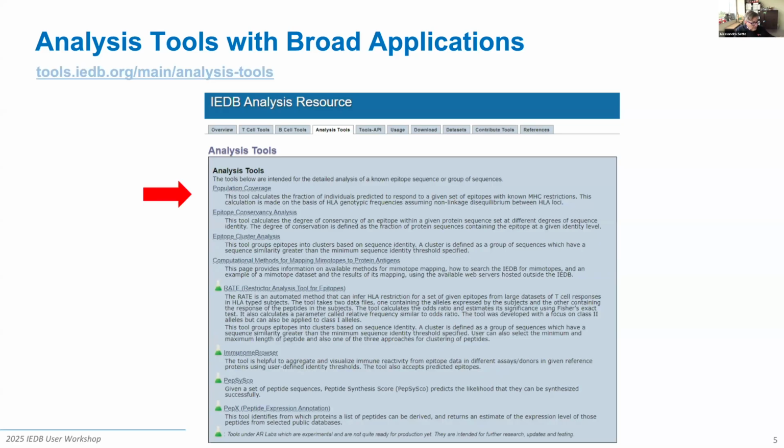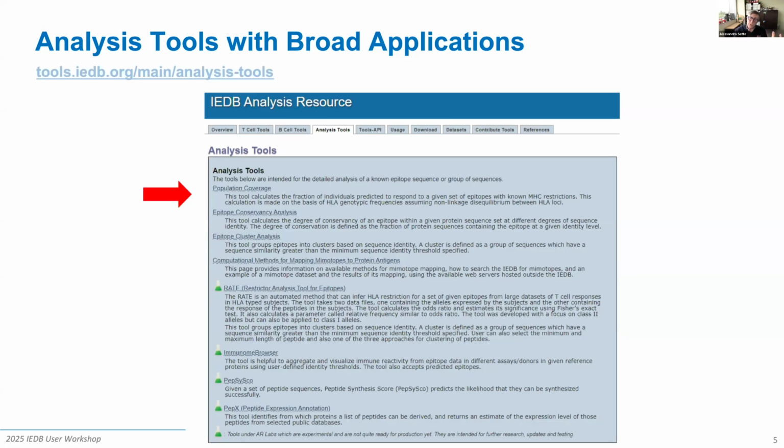Another tool, which is actually very often used and is one of the most frequently cited, is the population coverage tool. The population coverage tool answers a question that is often posed: I have a bunch of epitopes that I know are restricted or bind to a set of different HLA molecules.